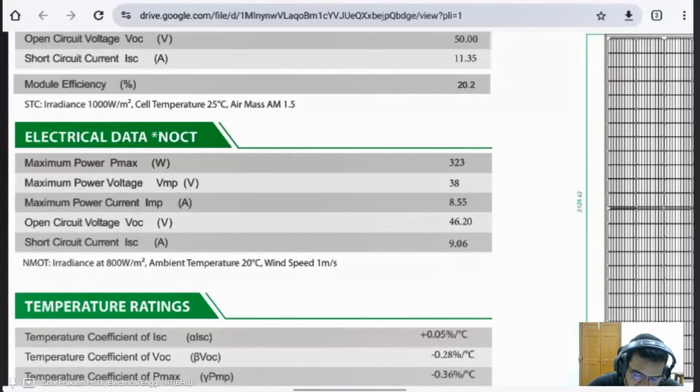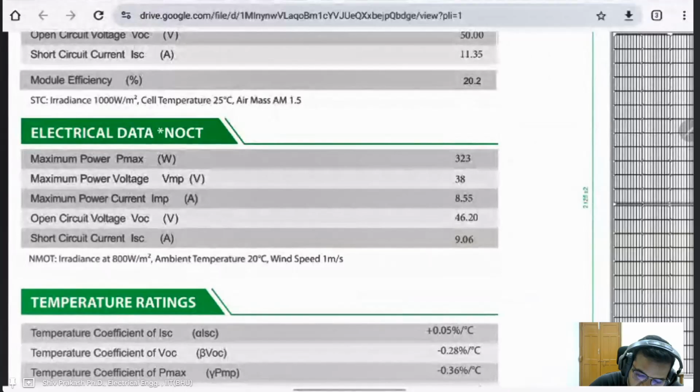Then the non-standard condition: 800 watt per meter square, 20 degrees centigrade, wind speed of 1 meter per second. Here the maximum power is only 323 watt.